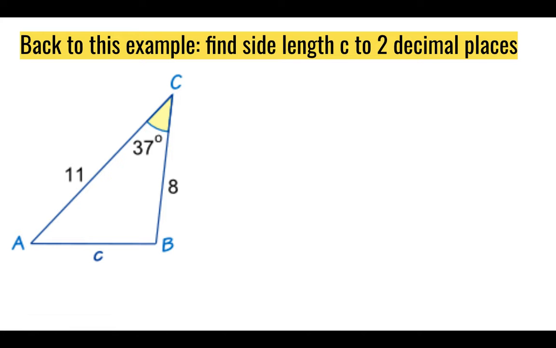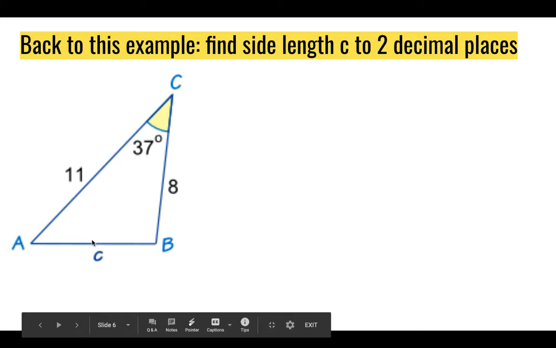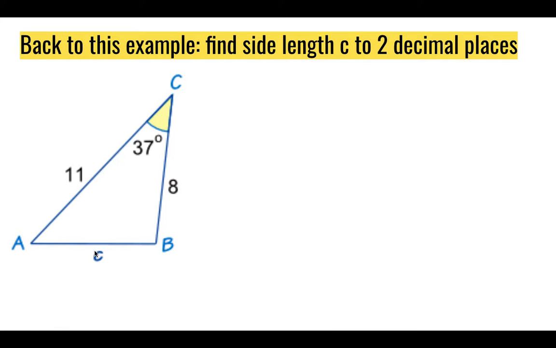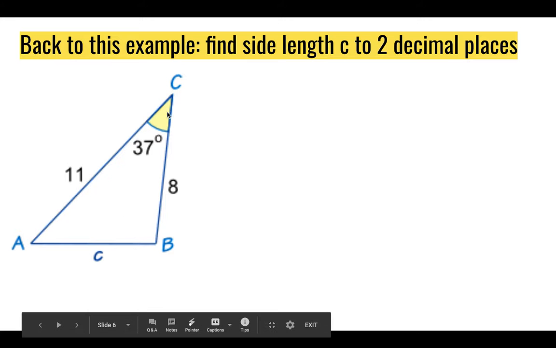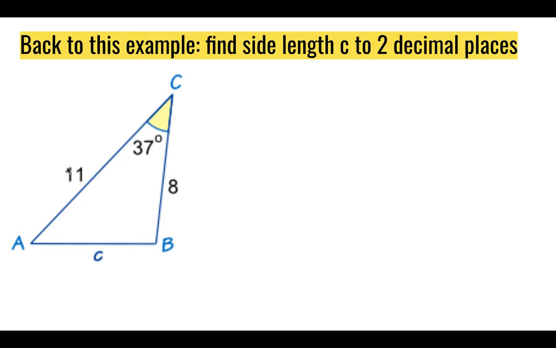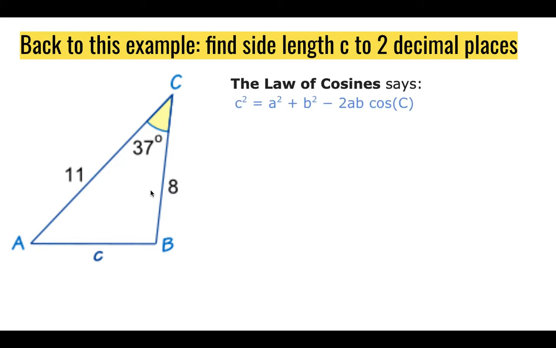So let's go back to the triangle we were looking at before, and we're going to find side length c to 2 decimal places. Now remember, our sides have the same letter as the opposite angle. So little b is going to be our 11 and little a is going to be 8. So if the law of cosines is stated like this, if we want to find our unknown side, c squared is going to be a squared plus b squared minus 2 times a times b times cosine of big C. So your first step is to put in all the values that we know.